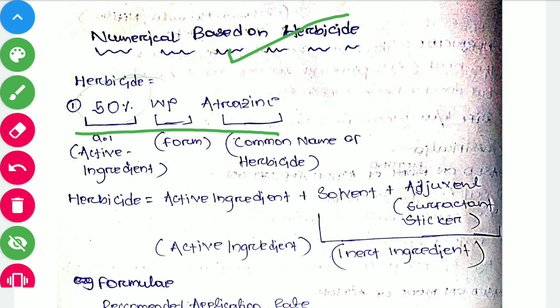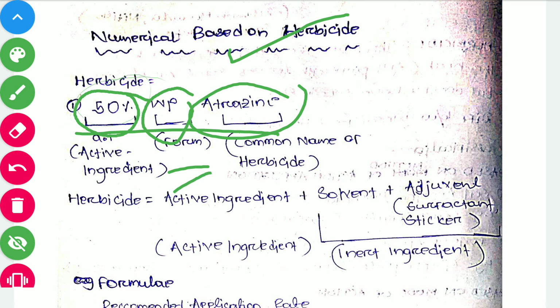It indicates that 50% is the active ingredient, the herbicide is in wettable powder form, and its common name is atrazine. Here 50% indicates the active ingredient, WP indicates the form of the herbicide, and atrazine is the common name of the herbicide.